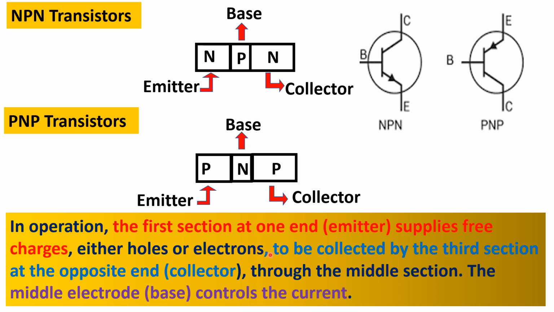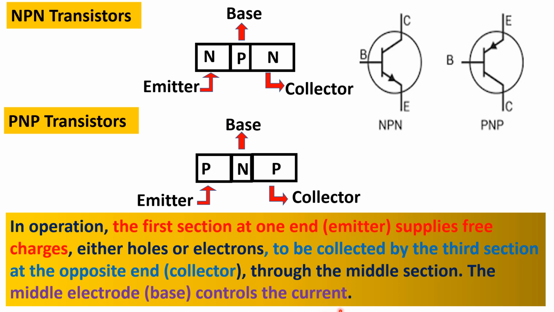And these are to be collected by the third section or layer at the opposite end, meaning the collector, passing through the middle section, and the middle electrode represents the base. It is the base, the middle layer, that controls the current in the collector. We shall discuss that in the next slide.